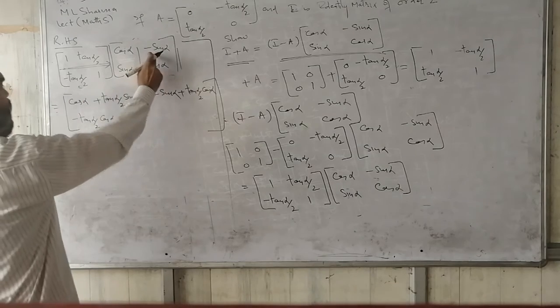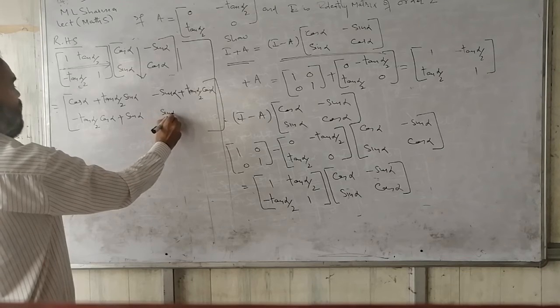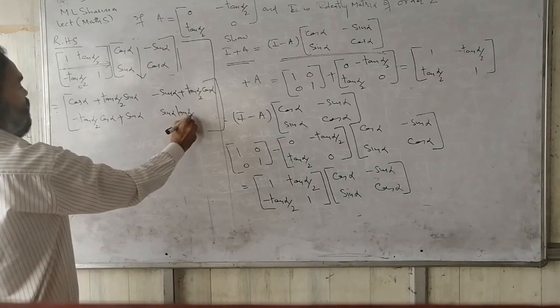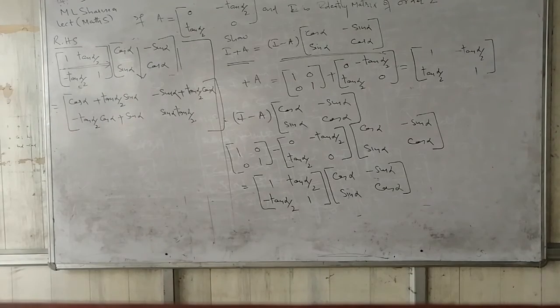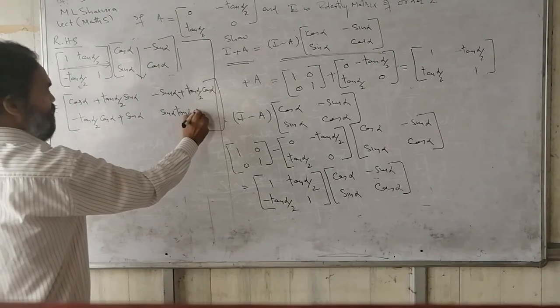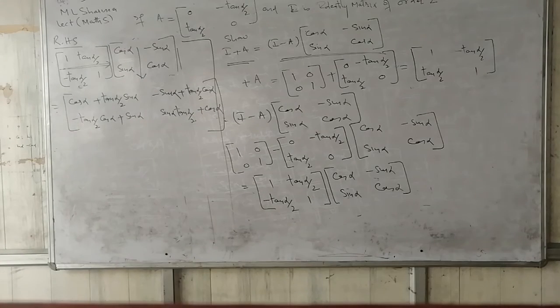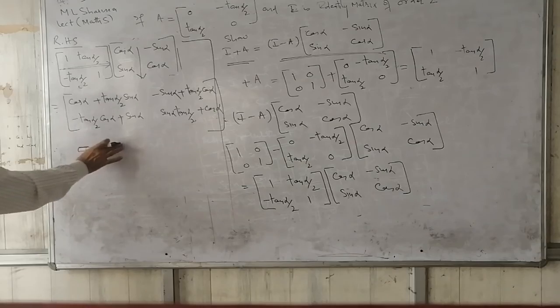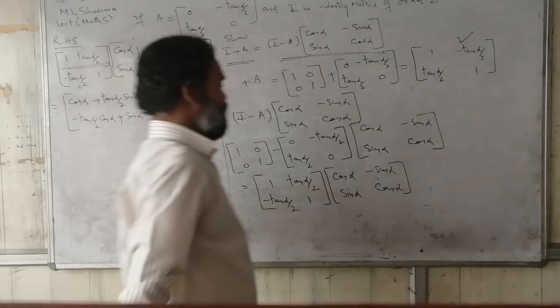Then this tangent alpha multiplied by this will be plus sin alpha tangent of alpha by 2, minus and minus becomes plus, then plus cos alpha. This is the value of the product of these two matrices. Now this is to be simplified, and lastly this will equal this.